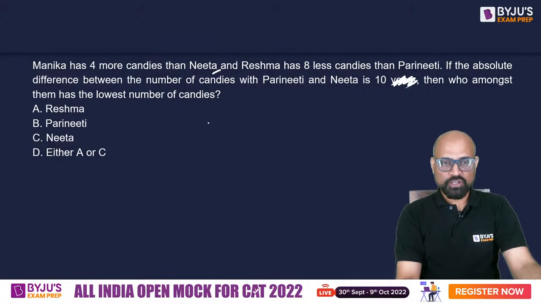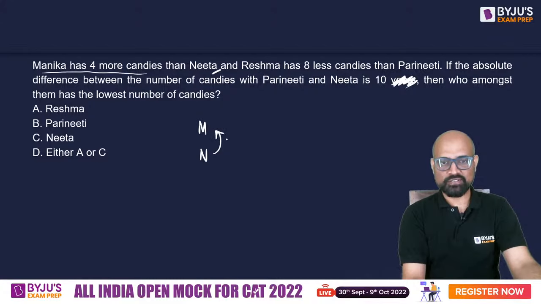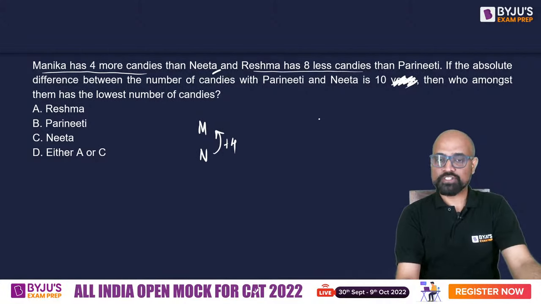Right, Varun. So we have Manika, Neeta, Reshma and Pariniti. If you look at the first one, I can say that Manika has 4 more candies than Neeta. And then if I read the second part of the first statement, we can say Reshma has 8 less candies than Pariniti.